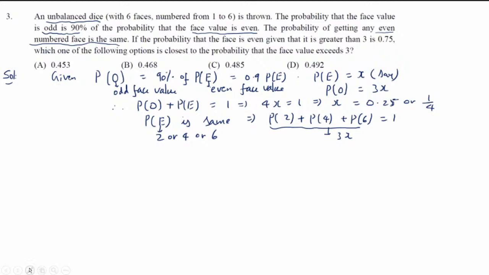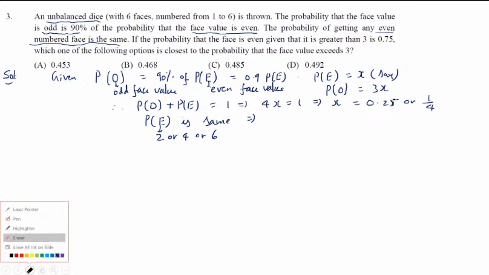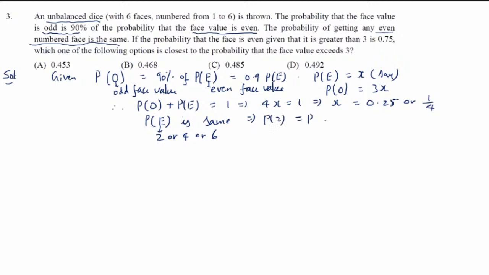It's not 3x. Just a minute. So which means P of 2 is equal to P of 4, P of 6, all are equal to X.